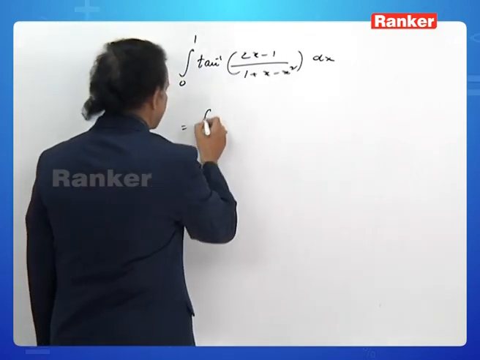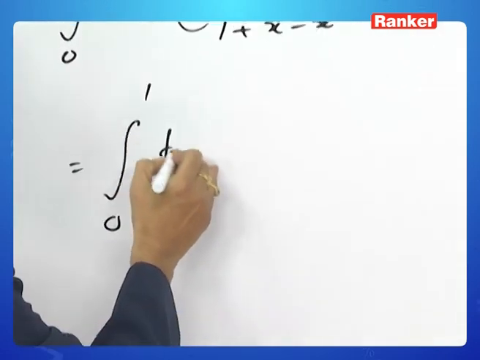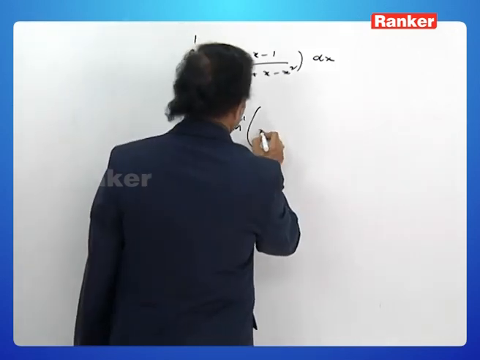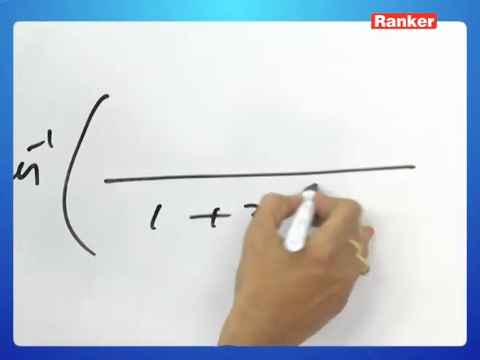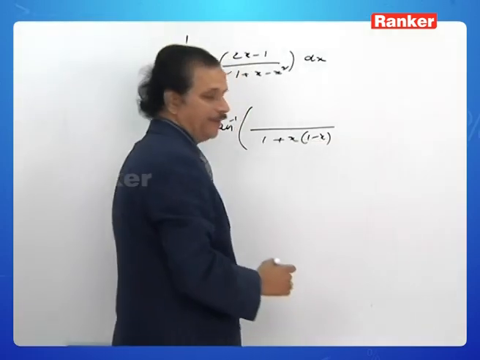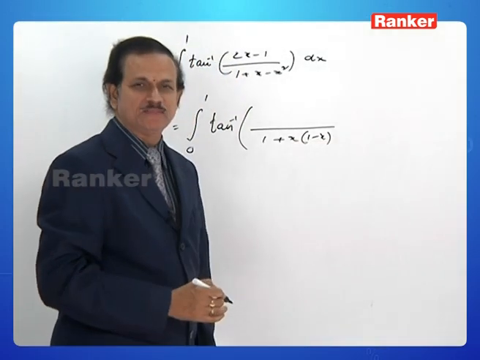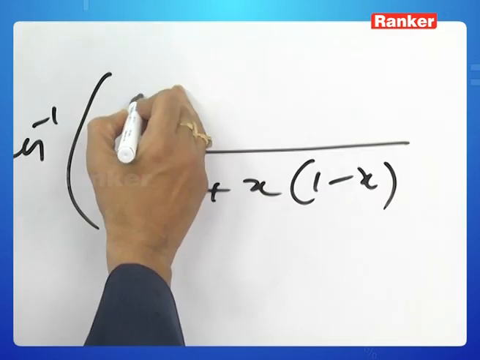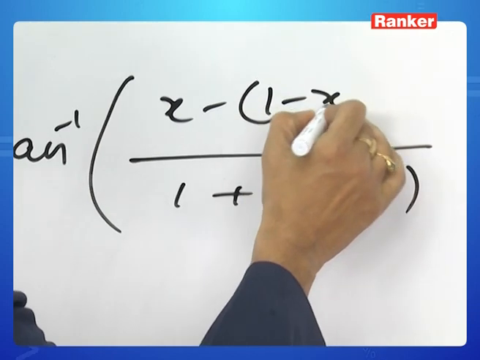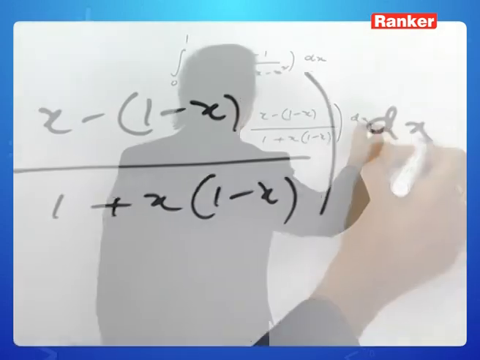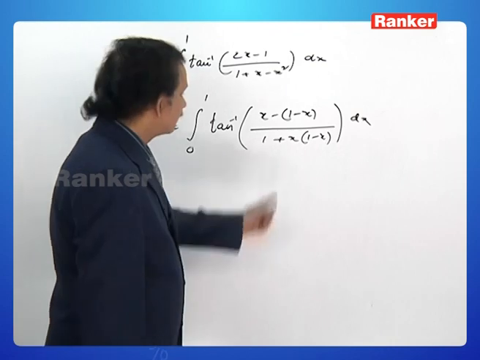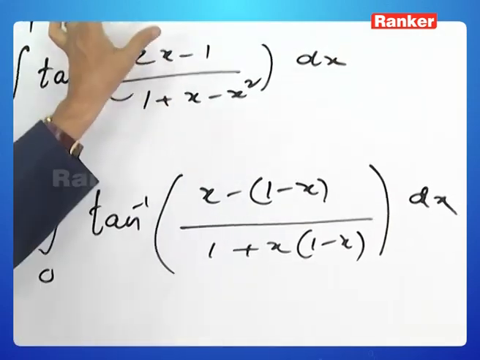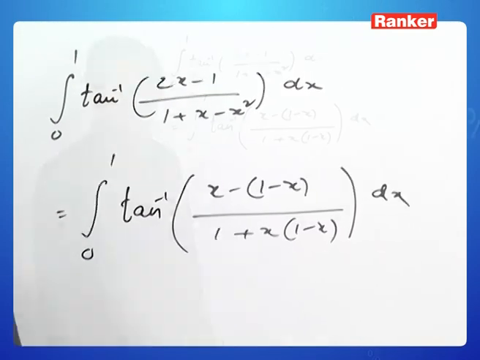Look here, this is nothing but integral 0 to 1 tan inverse of, you first observe the denominator, 1 plus x into (1 minus x). Now you think, is it possible to obtain x and 1 minus x in the numerator? Look here, it's very simple, x minus (1 minus x). Observe it. x minus of minus x is 2x minus 1. Absolutely, as per the numerator, this is presented here.